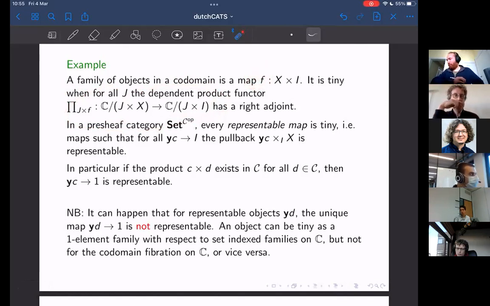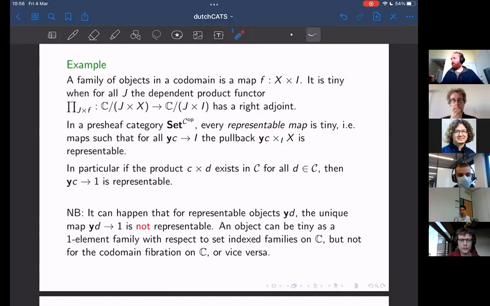Again, we have a nice way to get examples in presheaf categories, but in this case it's not representable objects that are important, but what are called representable maps. A map is representable if whenever we pull back the map along something from a representable, then we get something which is also representable. So these representable maps are always tiny as families of objects in a presheaf category.